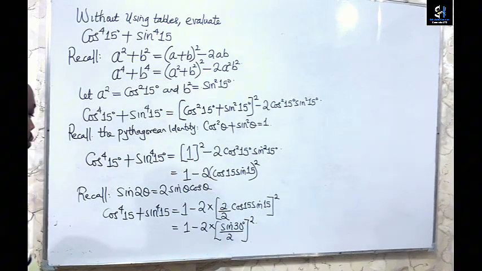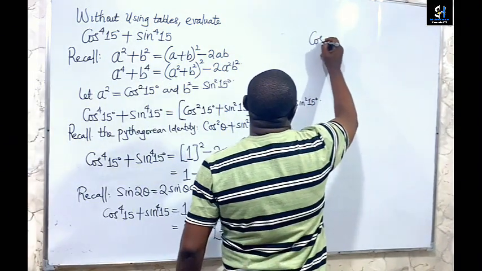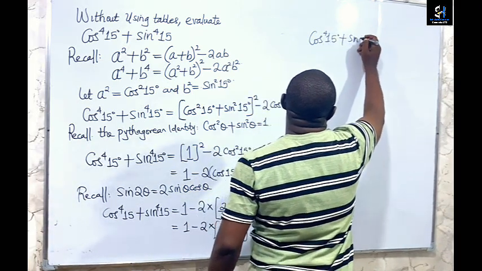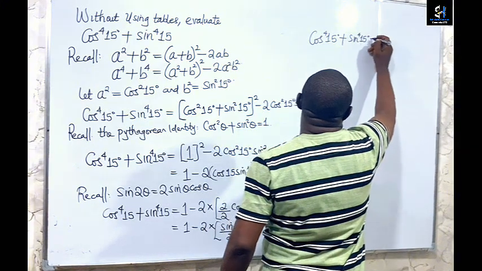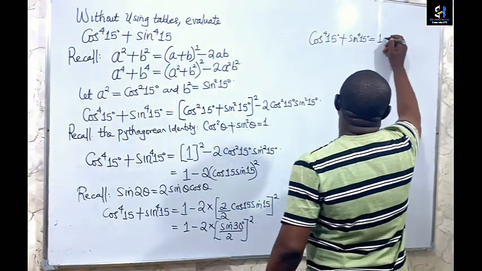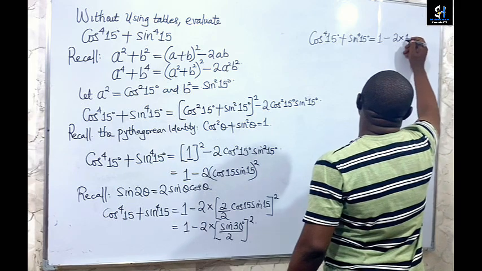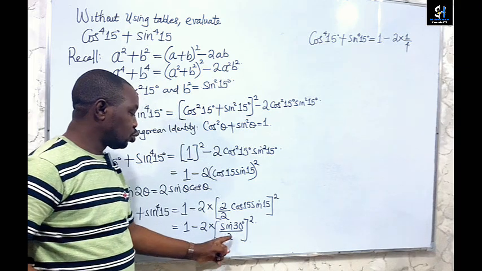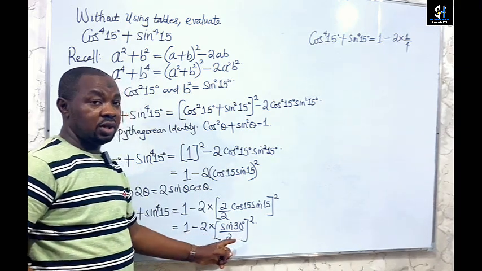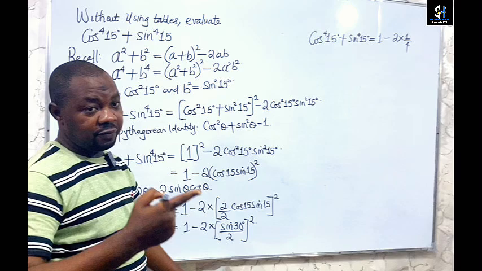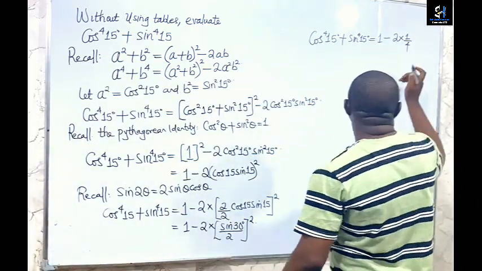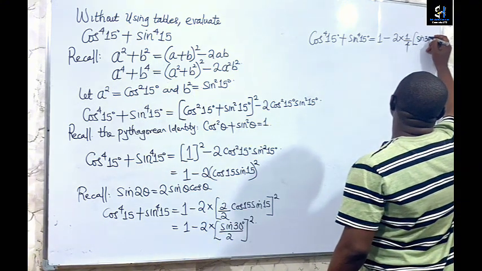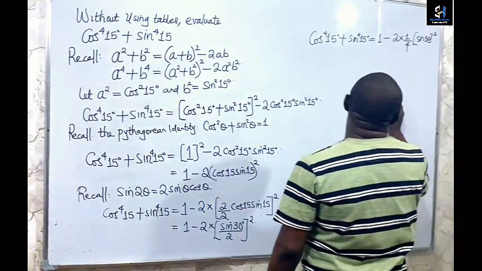From here, we can now have cos 15 degrees raised to the power of 4 plus sine 15 degrees raised to the power of 4 equal to 1 minus 2 times 1 over 4, because 2 squared is 4, times sine 30 degrees raised to the power of 2.